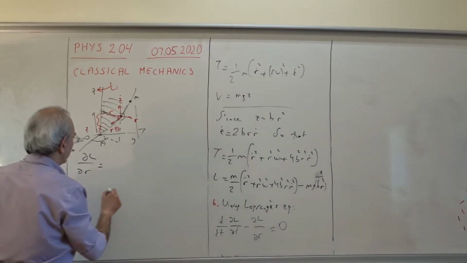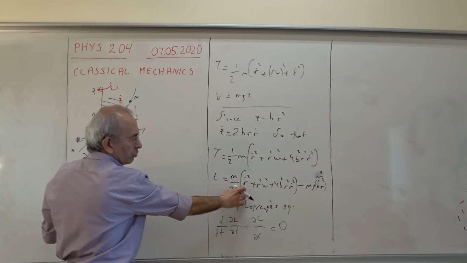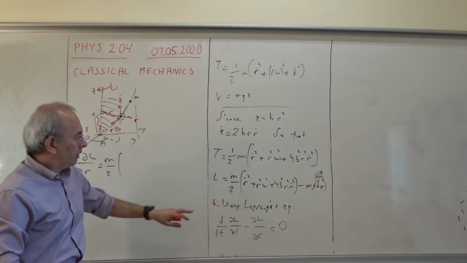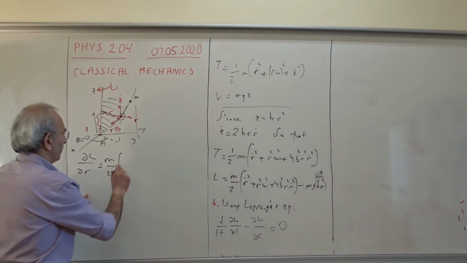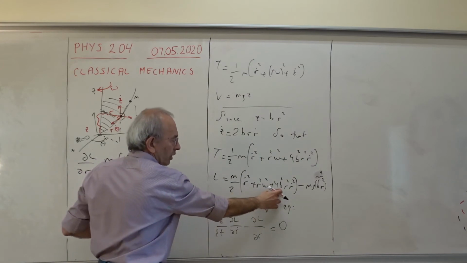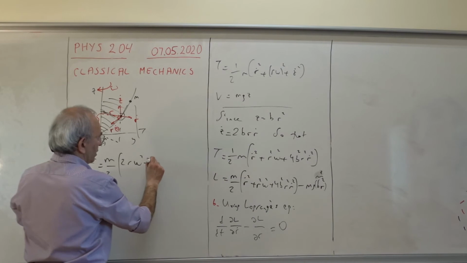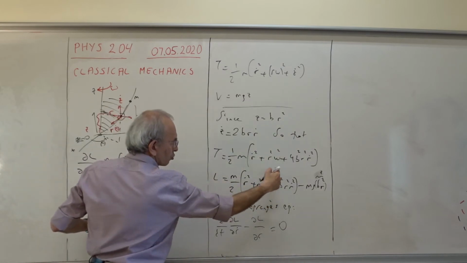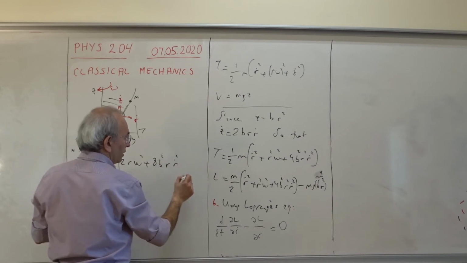So m over 2 multiplied by, in the first there is no r, it is r dot. In the second we have 2r omega squared. In the next one we also have 2 times 4, 8 b squared r dot squared r.